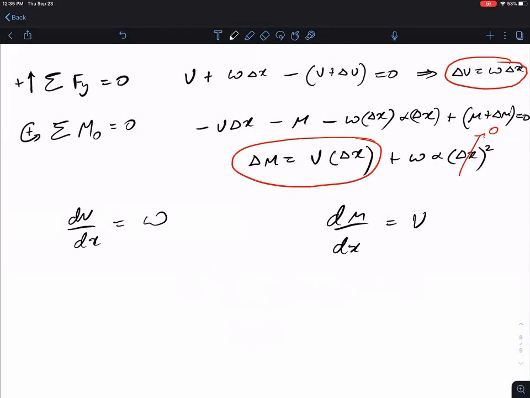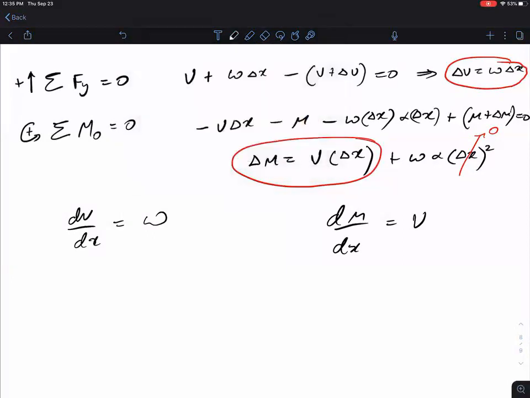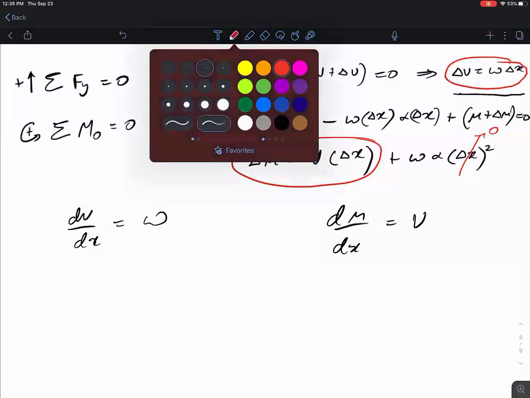The one on the left, derived from this equation, says that the slope of the shear function is equal to the intensity of the distributed load at a particular point.